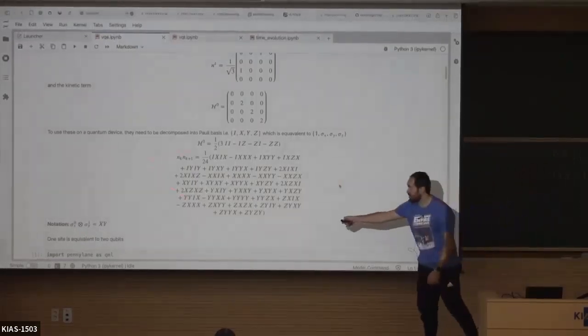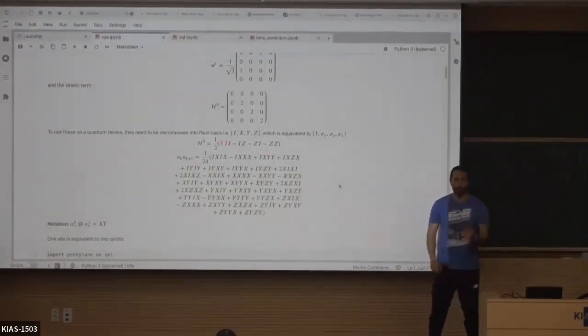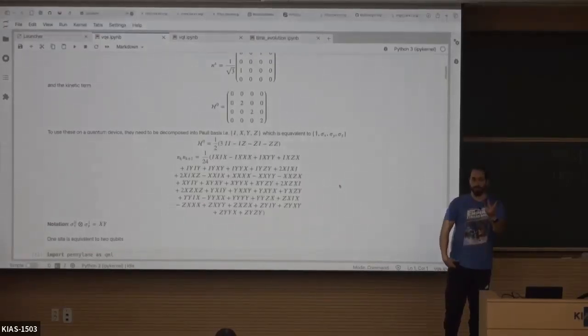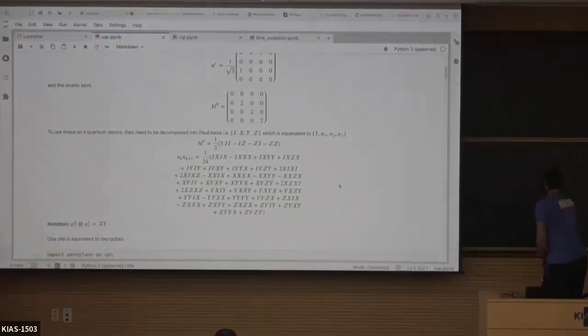This particular term is one interaction between two sites. I have one site represented with 2 qubits, because if I take 2 qubits, I have, let's say, 0,0. So my 0 now is 1,0,0,0. Instead of representing a site with 1 qubit with 2 indices, I'm representing my new site with 2 qubits.